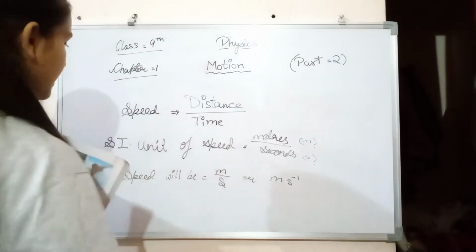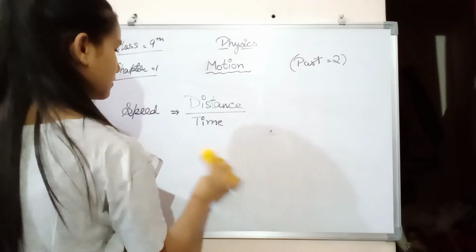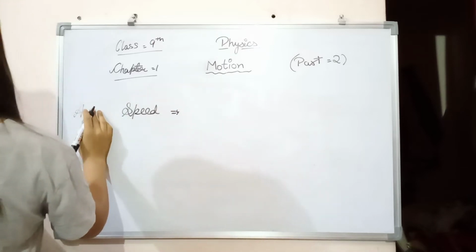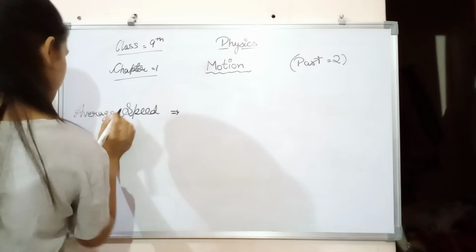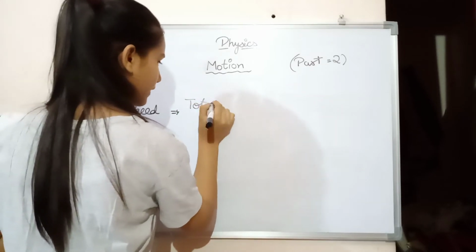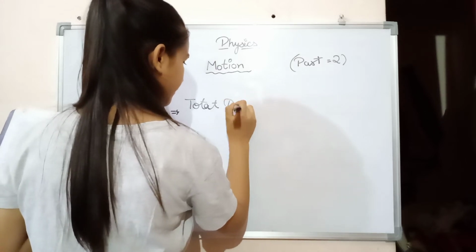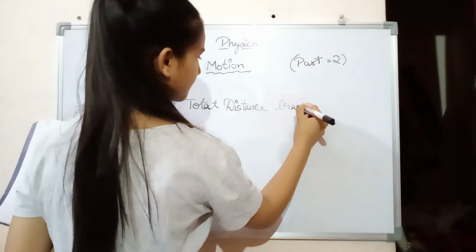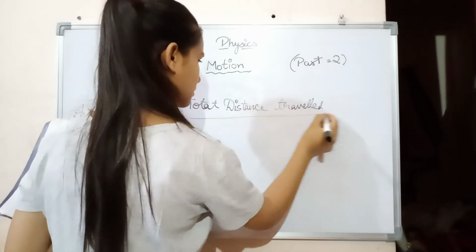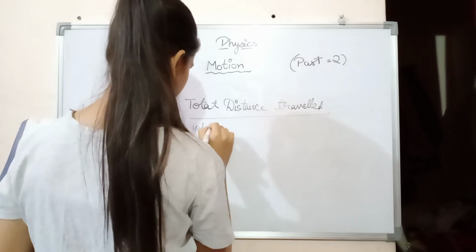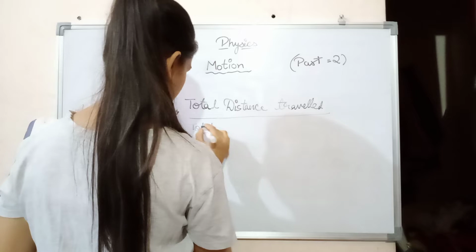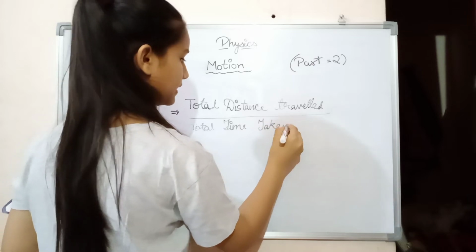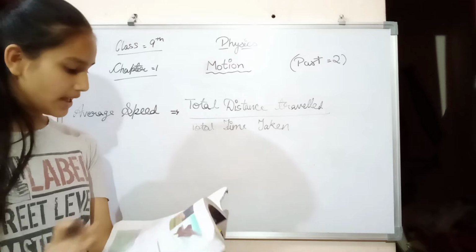So the formula to calculate the average speed is total distance traveled upon total time taken.